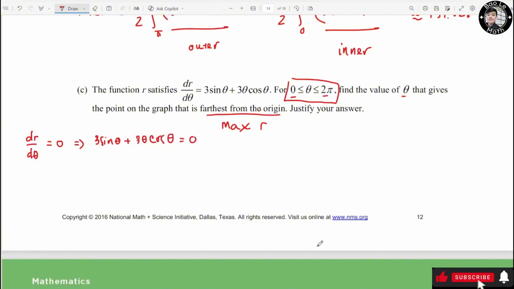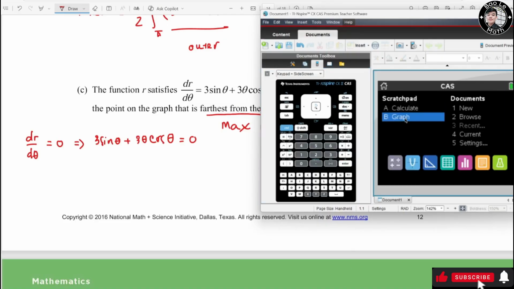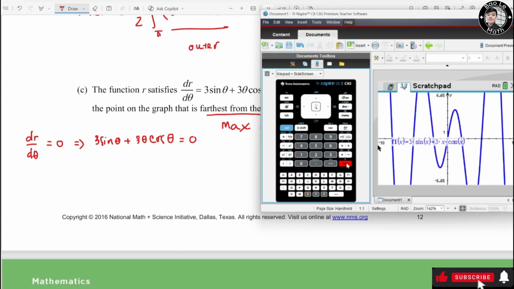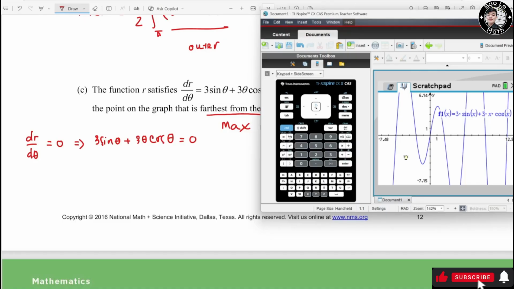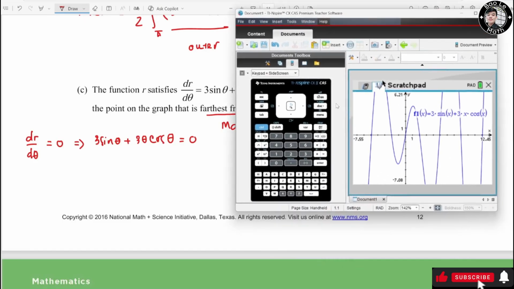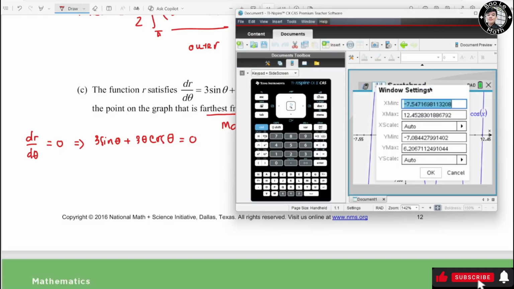So we're going to bring up the calculator, grab this function and find the zero. Go to home screen, hit grab right here, escape, and press enter. Now theta is from 0 to 2 pi, so we need to restrict the domain. Go to menu, number 4, number 1.